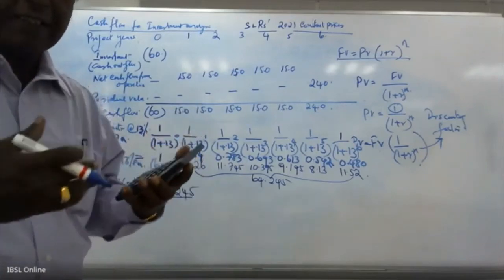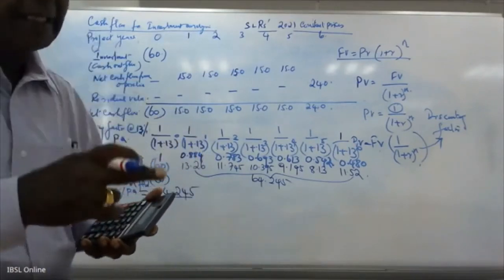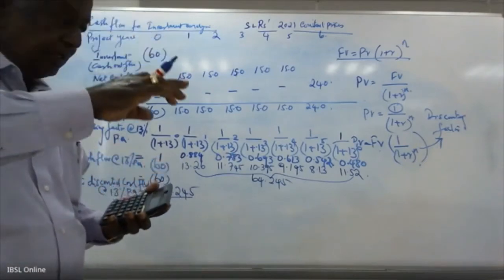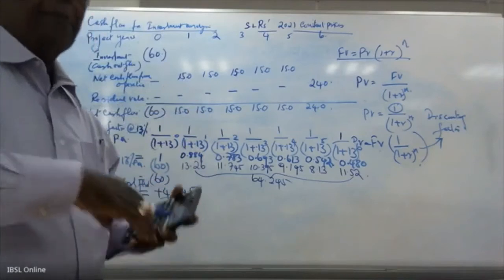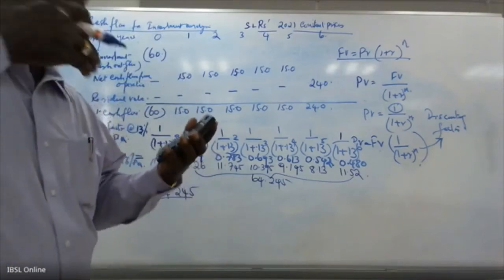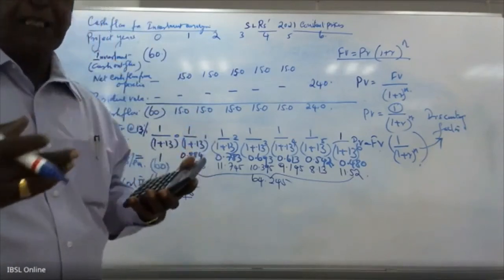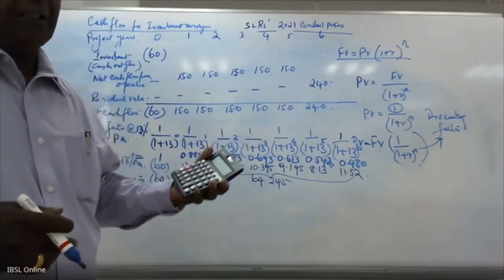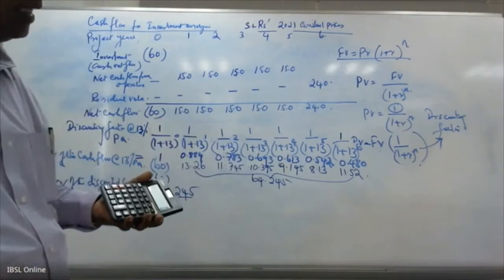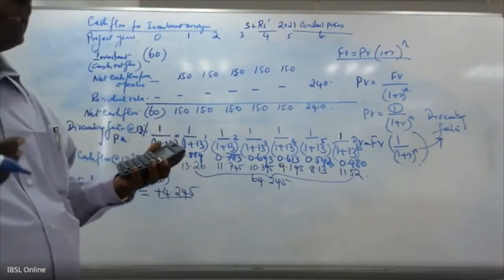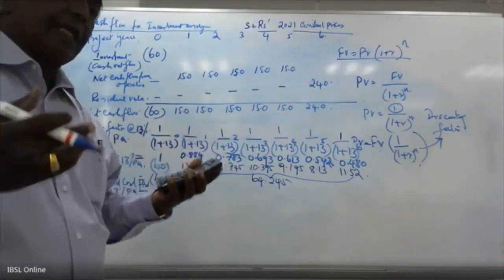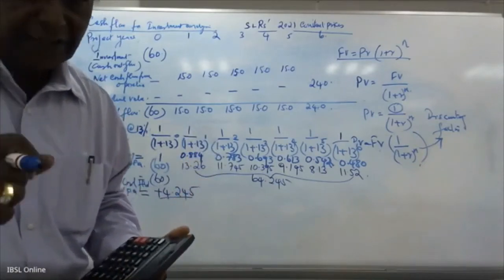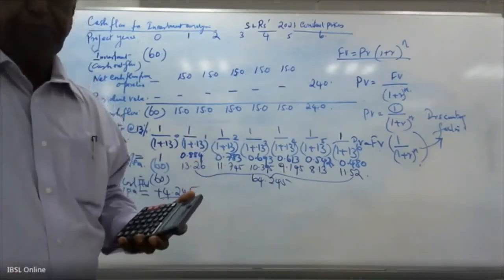The project is worthy at a 13% borrowing interest rate. At 18% borrowing interest rate, the project is not worthy, but at 13% it is worthy. If the NPV is positive, the investment is worthy. If the NPV is negative, the investment is not worthy. I explained to you why.